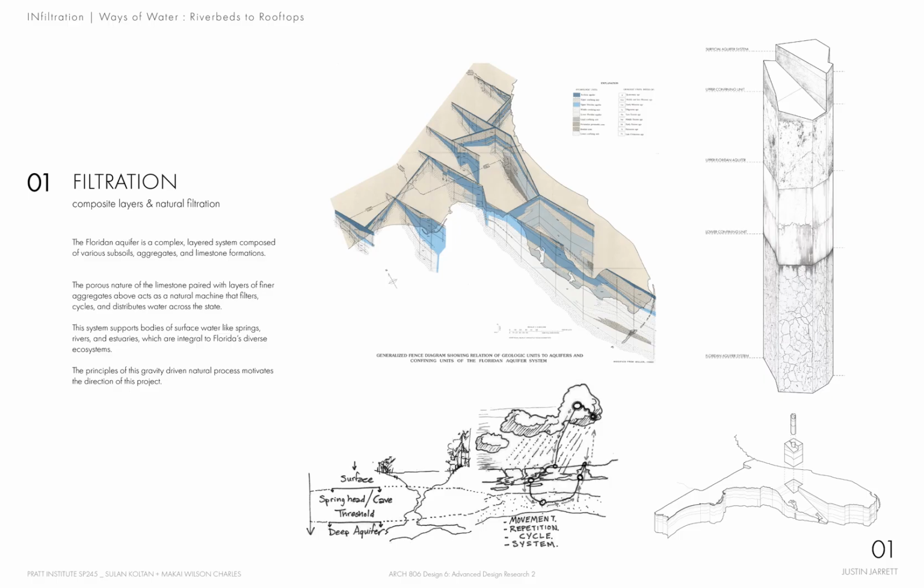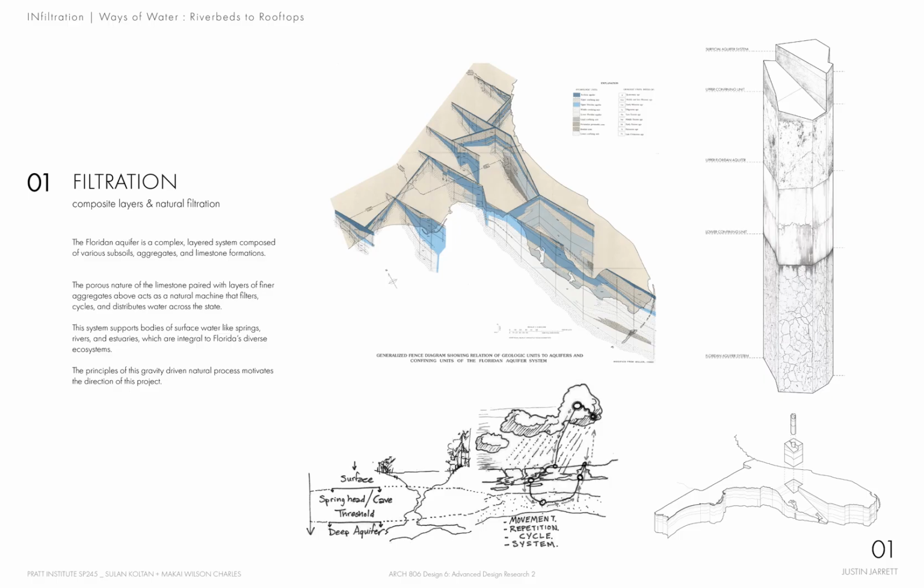This is the Floridian Aquifer. It's kind of a natural filtration machine. It's a complex layered system composed of various subsoils, aggregates, and limestone formations, from a fine silt aggregate and beach sand surface down into more porous, thicker aggregates at the base.